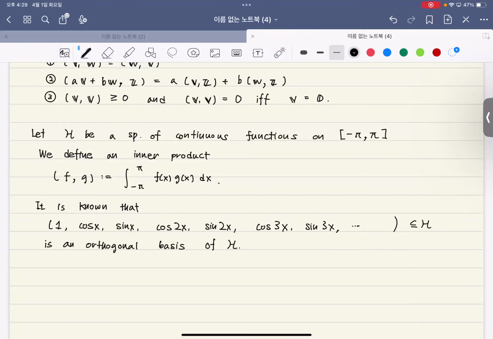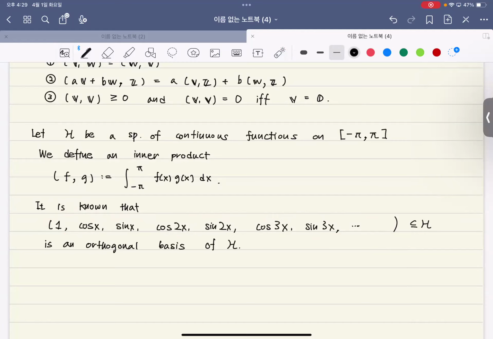Let me see if they are indeed orthogonal or not. We take an inner product of sine mx times cosine nx, and by using the trigonometric identity, this is cosine of (m minus n) times x minus cosine of (m plus n) x, and everything dx.